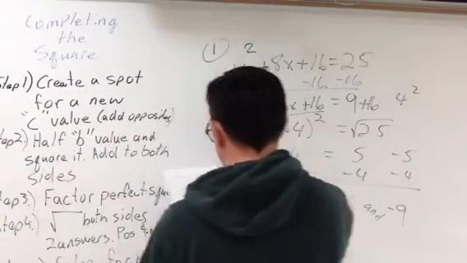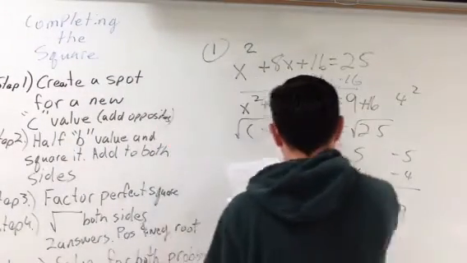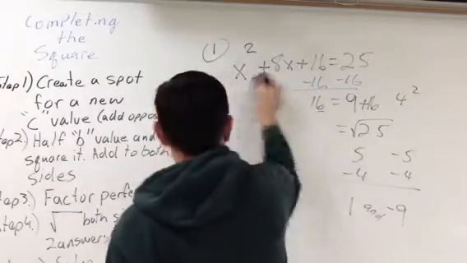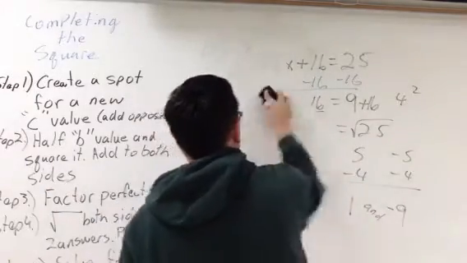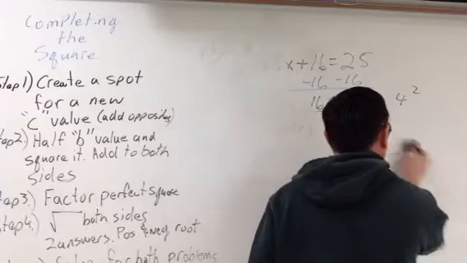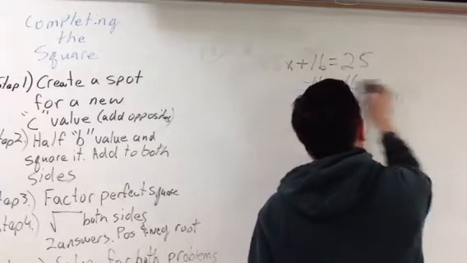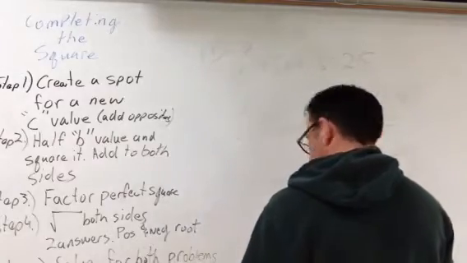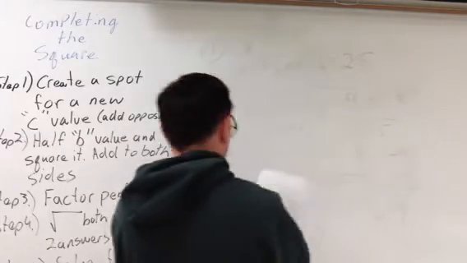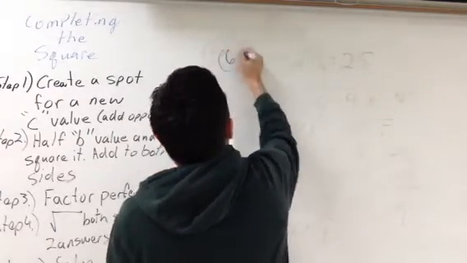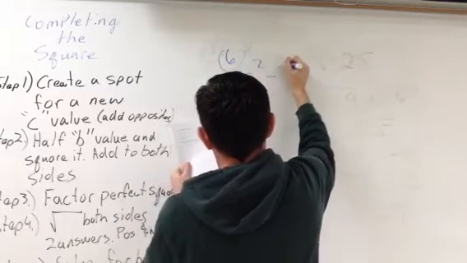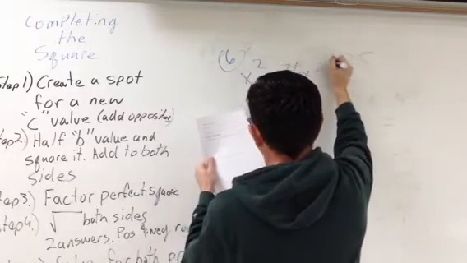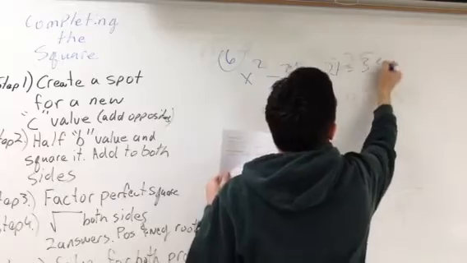We're going to skip ahead to number 6. We have x squared minus 36x minus 21 equals 35.